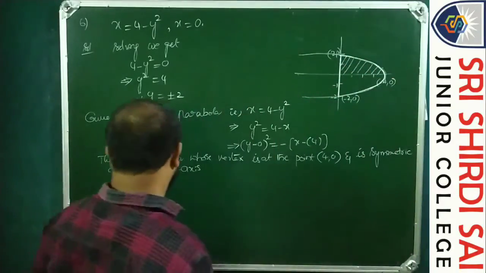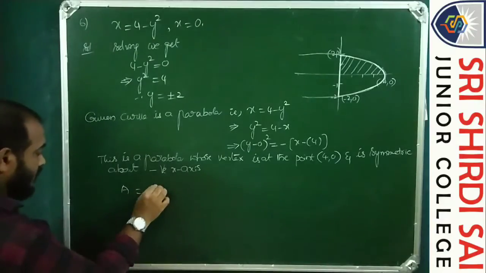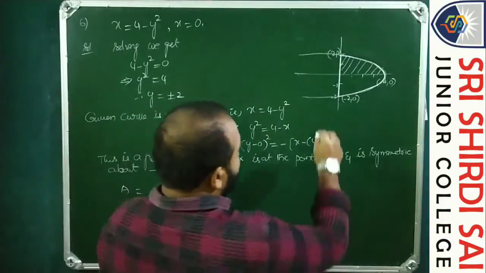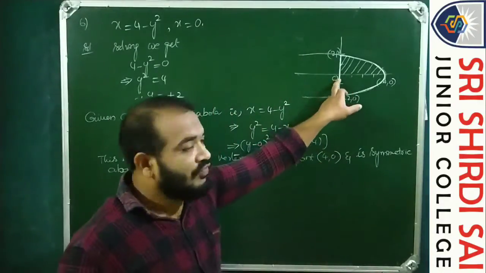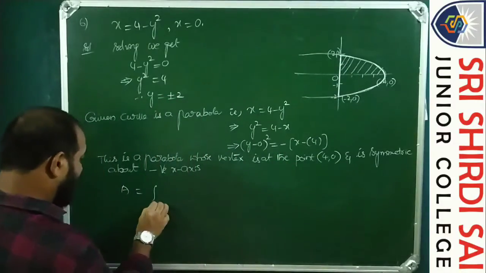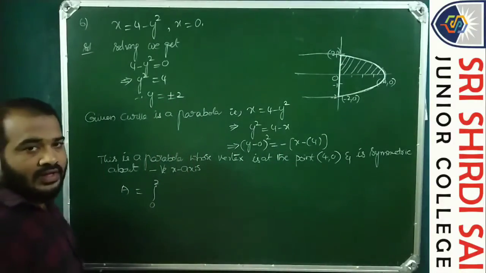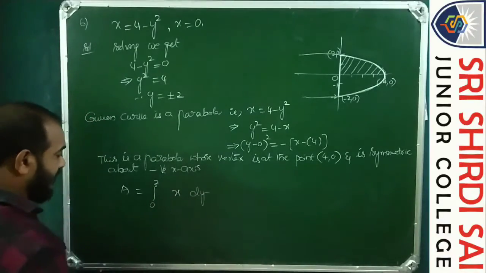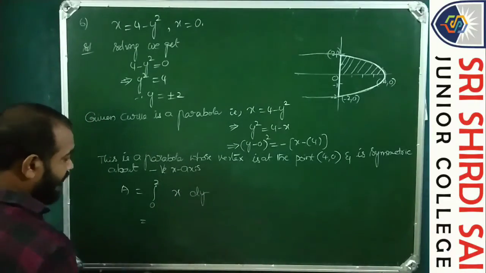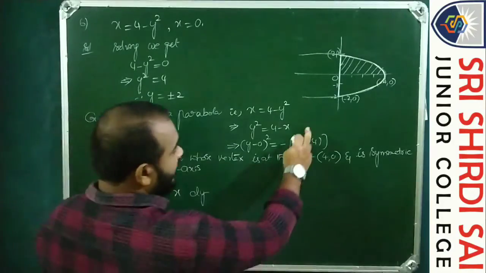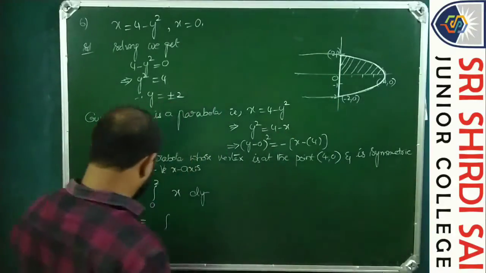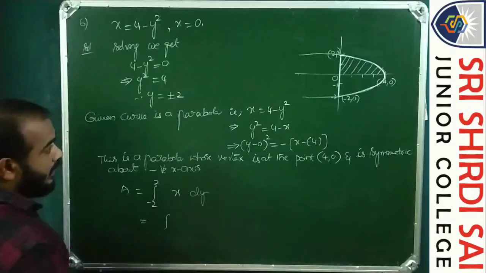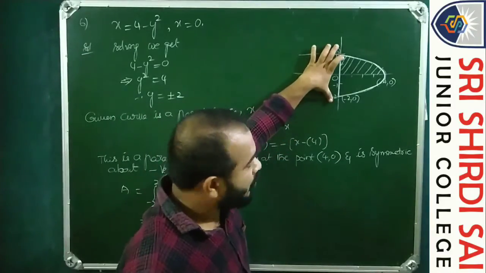So here area equals, now with respect to y-axis, 0 to 2 are the limits of y. Therefore x dy. So here this is actually minus 2 to 2, the total region.